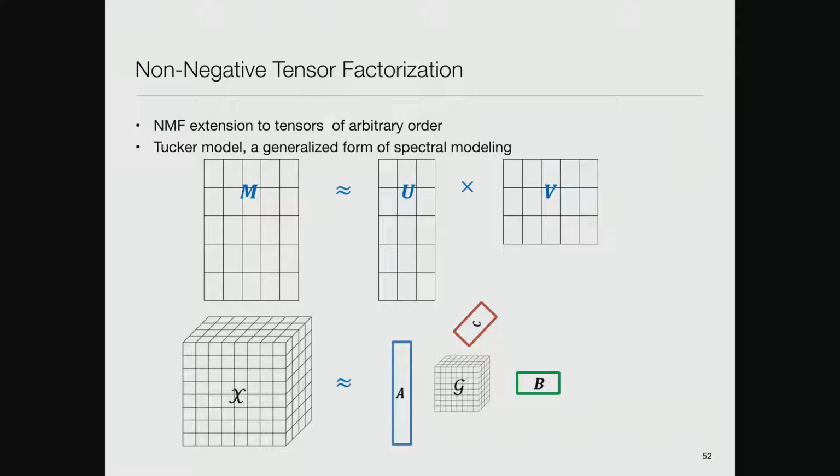And then you do the same game. You have matrices corresponding to each of the dimensions. And if you multiply this core tensor by each of these matrices, you reconstruct the original tensor. And you can train it again to minimize the reconstruction loss.